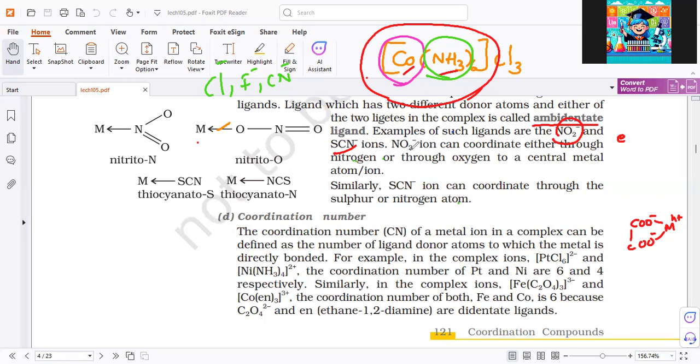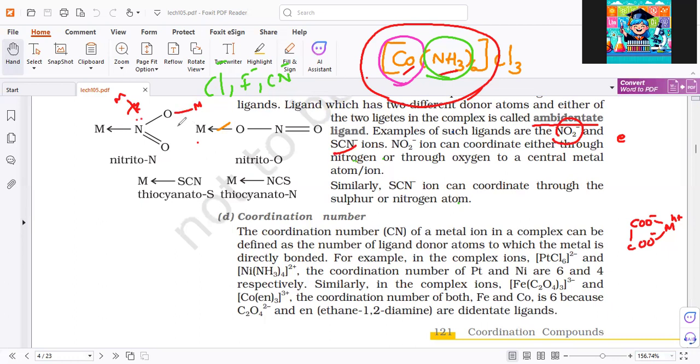For example, in the case of nitrite ion, you can either coordinate through nitrogen or through oxygen. So at a time, either nitrogen can form a bond with the metal, otherwise this bond will be broken and oxygen can form a bond with the metal atom.